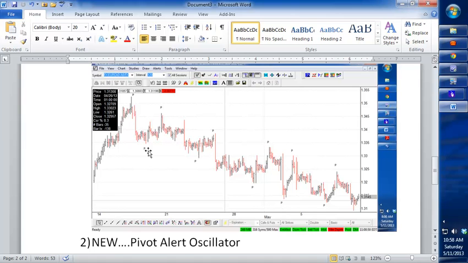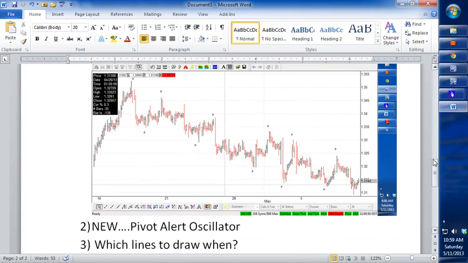Now, the advantage of Forex is that there's a whole lot of data. It's traded pretty much 24 hours a day, and there's ways that you can find many of these highs and lows very easily. Now, in order to make that a lot easier, we have something brand new that we will cover. It's called the Pivot Alert Oscillator.